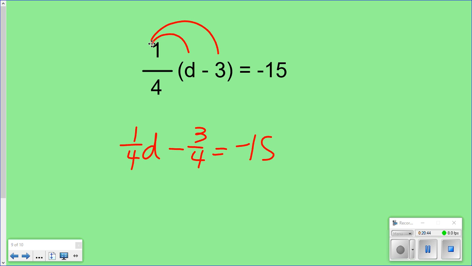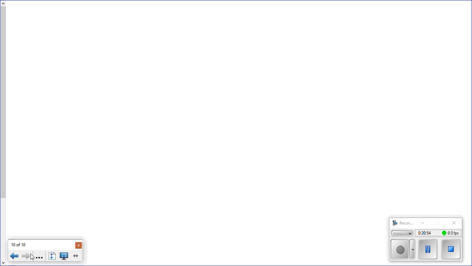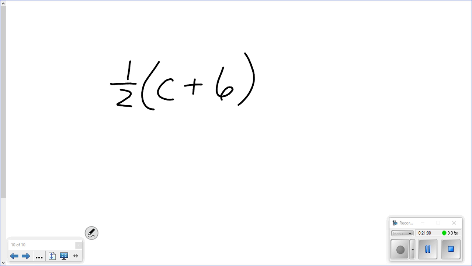So do you want to try another one? Should we try a new one? All right, let's try a complete new one. I'm going to make easy numbers. Half times c plus 6, end of parentheses, equals negative 8.